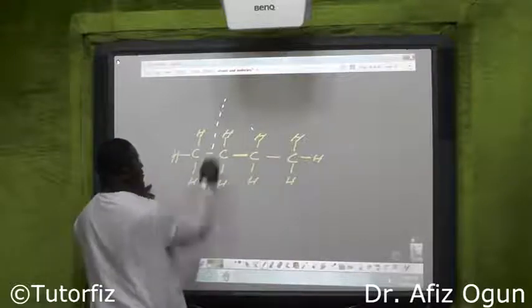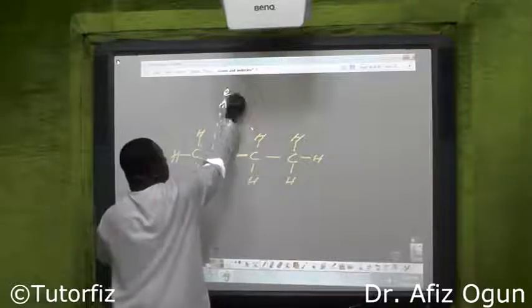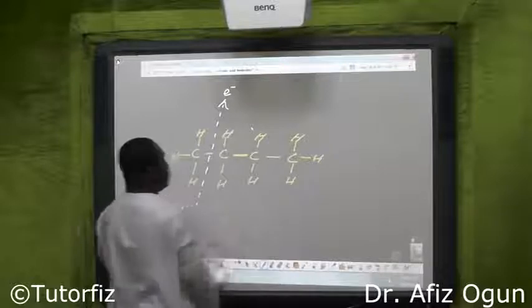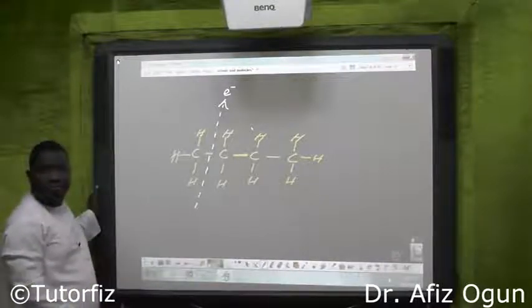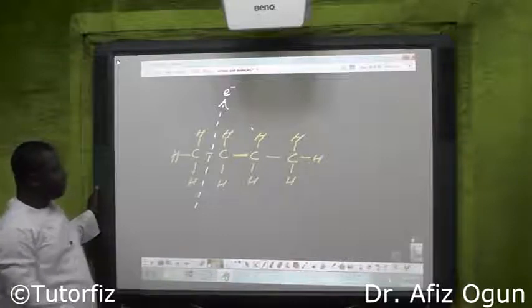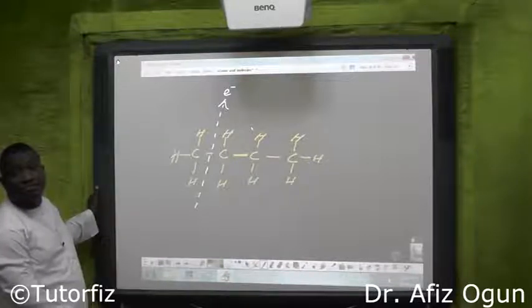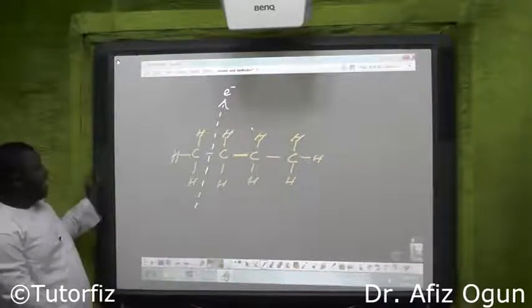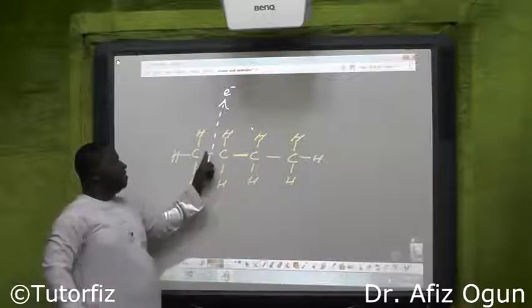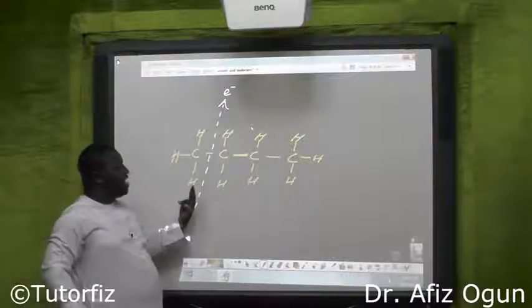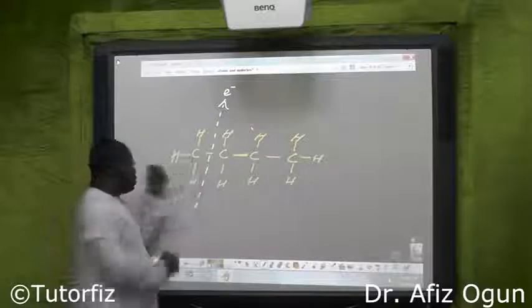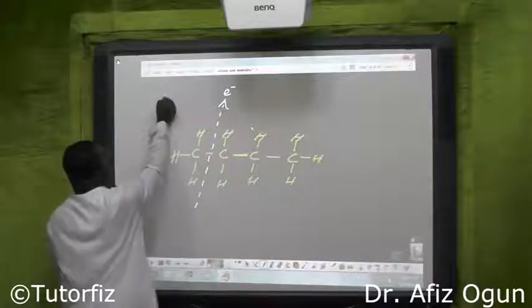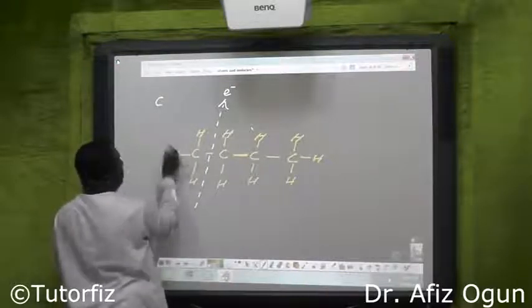If it breaks here, of course, as usual, one electron goes. And this bond contains 2 electrons. If one of the electrons comes to this, we have the free radical there.